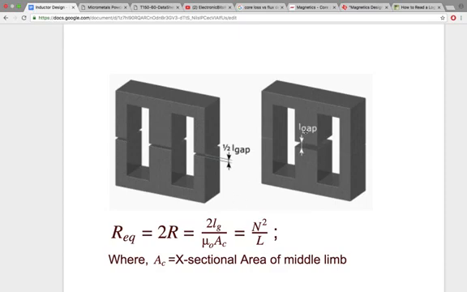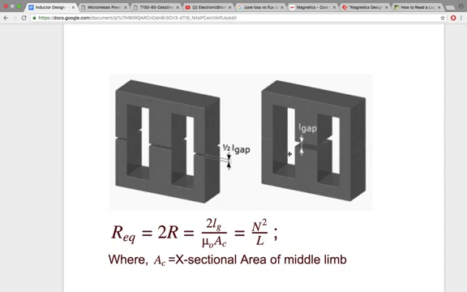But if you see this core, there is no air gap between these two, there is only one air gap in between here. So only the central limb is having an air gap. So providing half air gap here is the same as providing double of this air gap here.